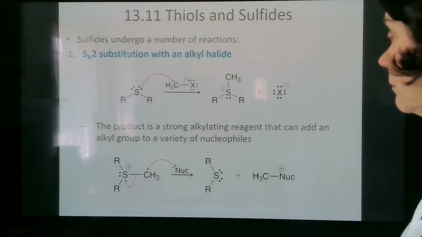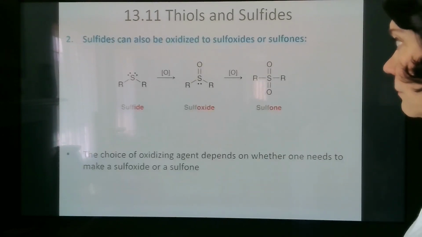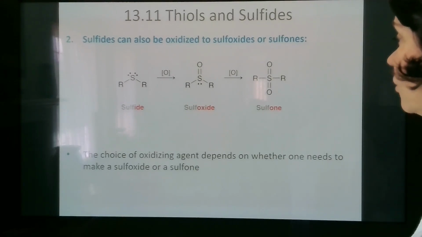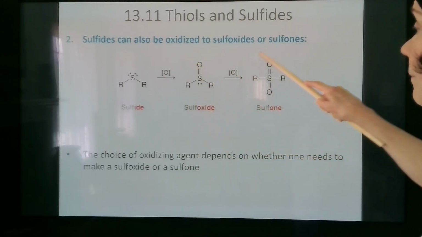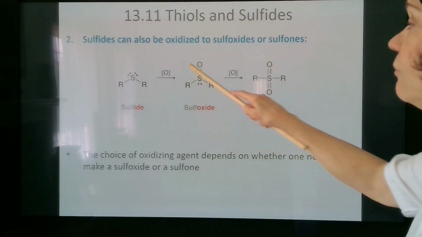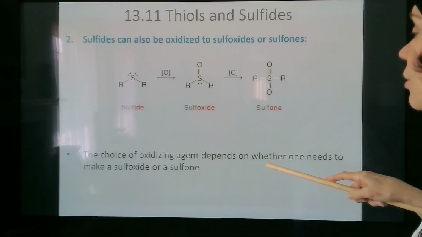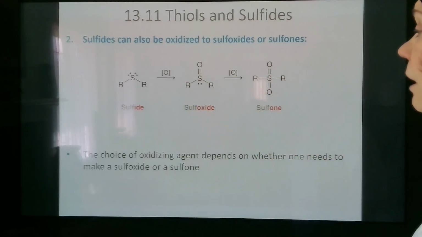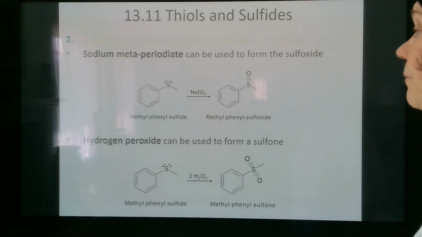So sulfides can also be oxidized to sulfoxides or sulfones, increasing the oxidation. But the choice of your oxidizing agent depends on which one you want to make. How far do you want to go in the oxidation?